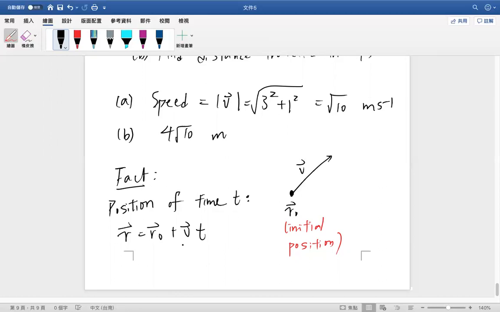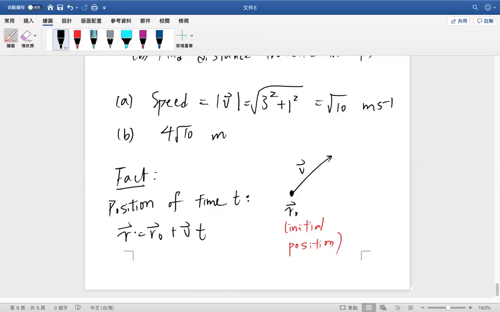When t equals 0, the position is r0. That's reasonable because that's the initial position, right? For other times, it's going in this direction. So this thing here, vt, is the displacement at time t. So the displacement plus the initial position should give you the final position, right?